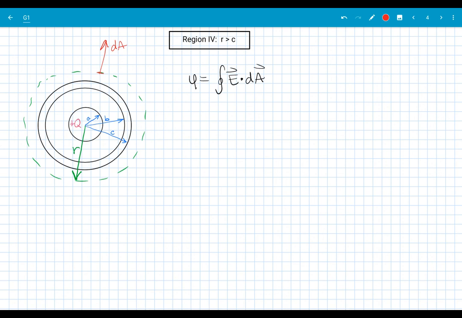So the question then might be, well, what is the electric field out there? And you'll get a better feeling for this as time goes on and you do a little bit more of these, but the electric field out there is radially outward. There are a couple different ways you can think about that right now. One way is that the ball in the middle is positively charged. The shell has no net charge.